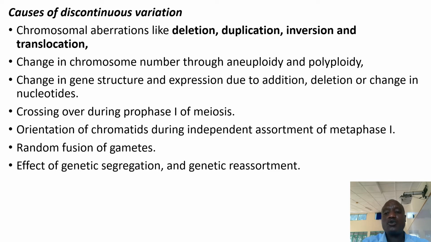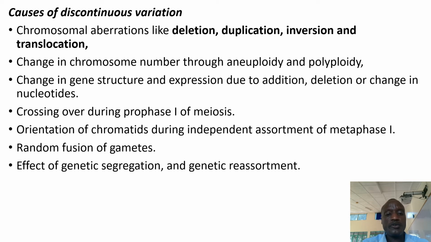I hope that's where you will understand these different forms of chromosomal aberration. There is a clear link between these two units, variation and mutation. So when we start mutation, I will explain more about these forms of chromosomal aberration.